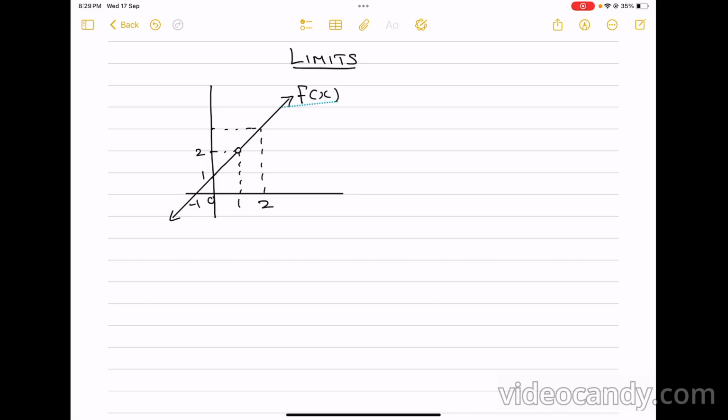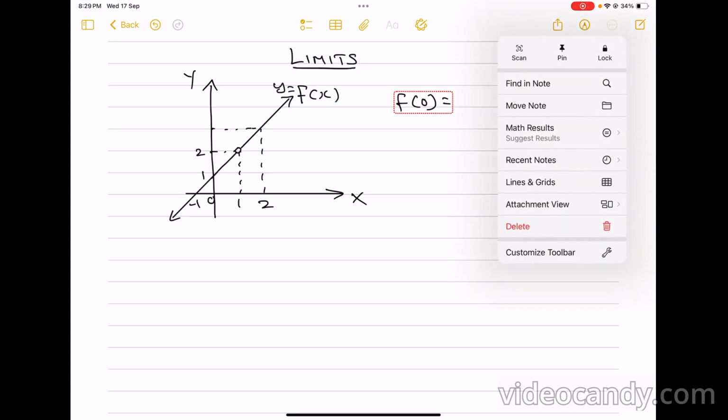Okay, here what is f of 0? This is your x-axis and this is the y-axis, and this line is y is equal to f of x. It is a function y is equal to f of x. Now what is the value for f of 0?